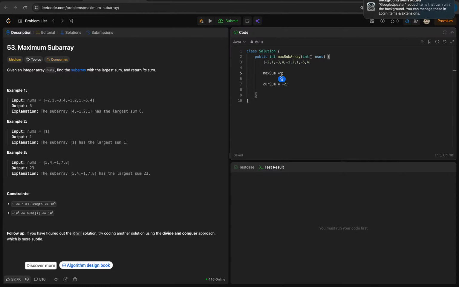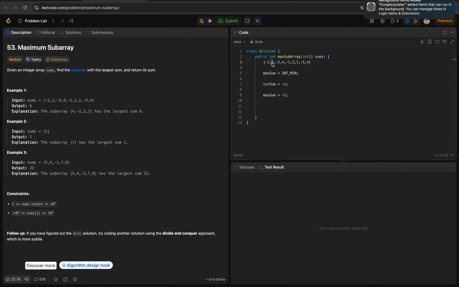Let's take max sum as INT_MIN, because the maximum sum can be lower than 0, so let's keep it INT_MIN. Then we'll check if this current sum is greater than max sum. Yes, it is, so we will make max sum -2, and we'll move forward to the next index.